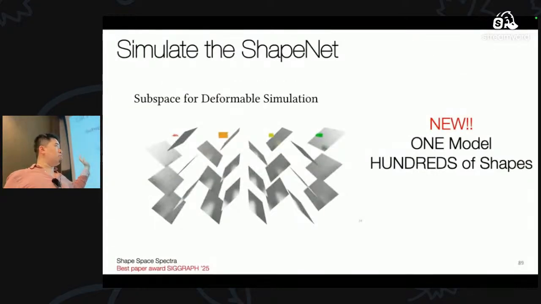Then when we extended to this work, that was 2023, this is actually data-free training. It was purely physics-informed losses, minimizing the Laplacian energy, all that kind of stuff. So that's why this thing generalizes better. It's not fit to that particular scenario.